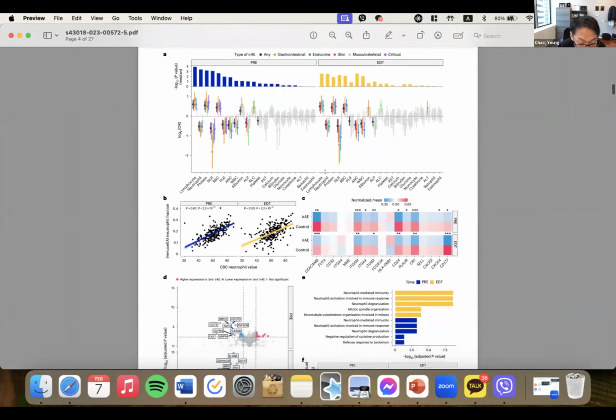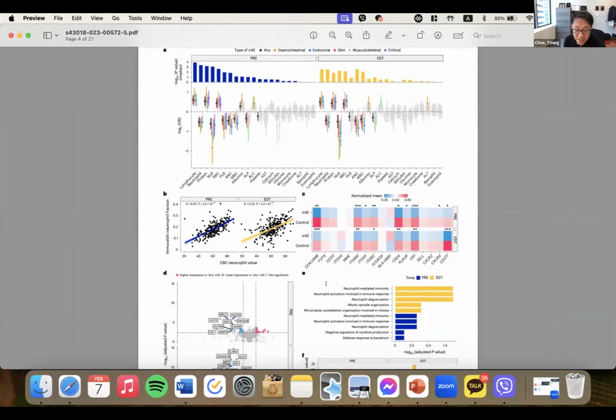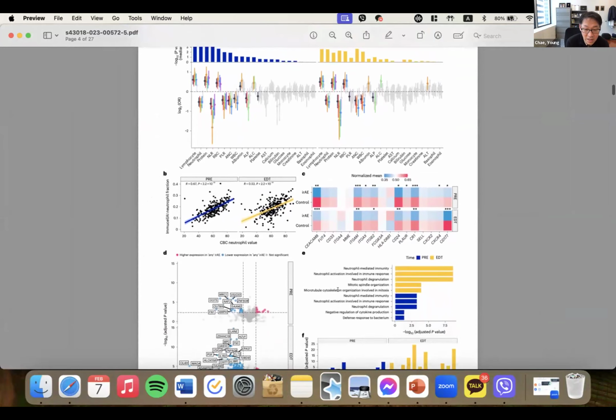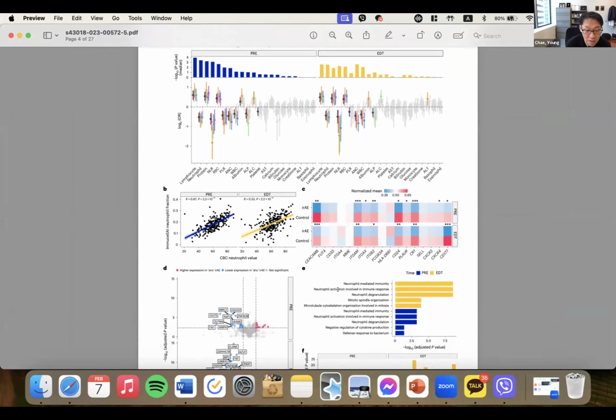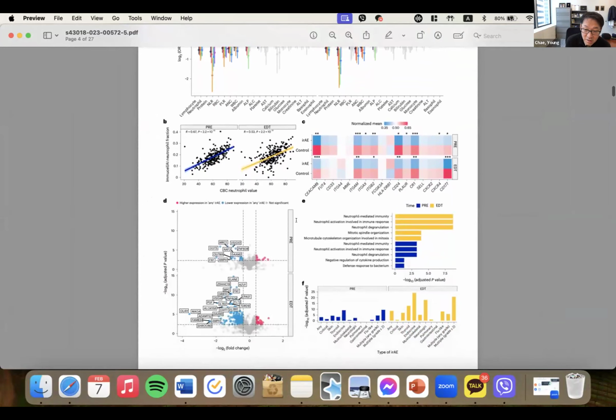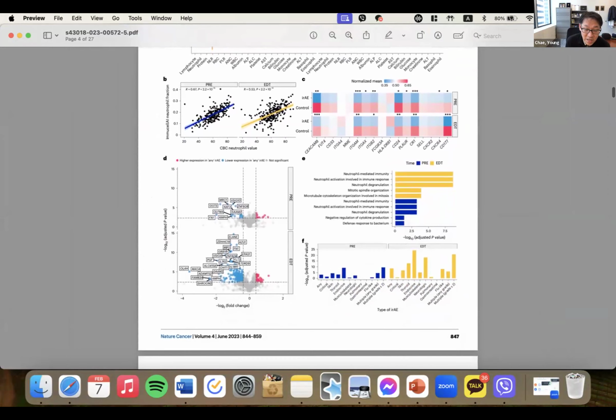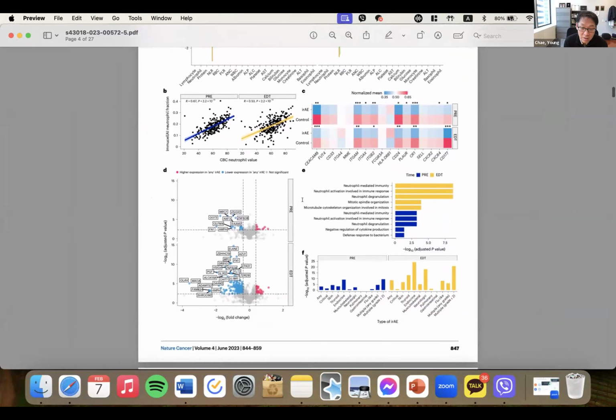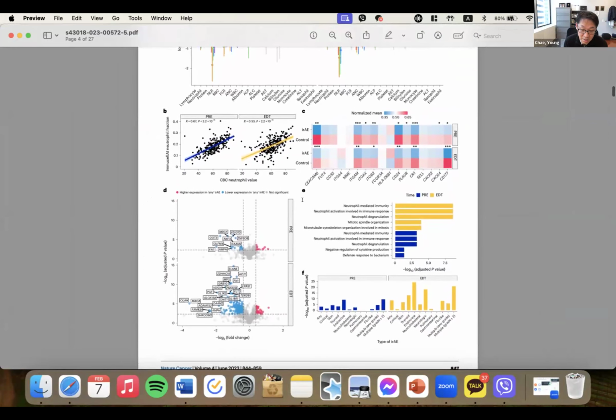The way I understand this is, in pre-treatment, a lot of these genes were inactivated. These are the same patients, right? The column is the same patient, pre and EDT.